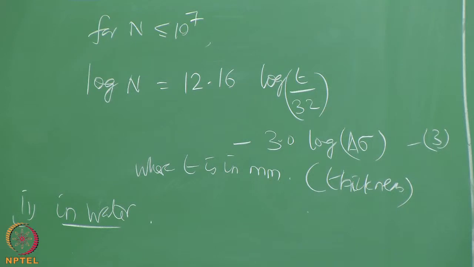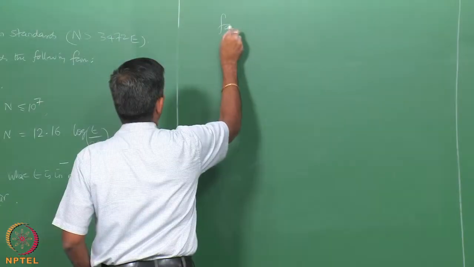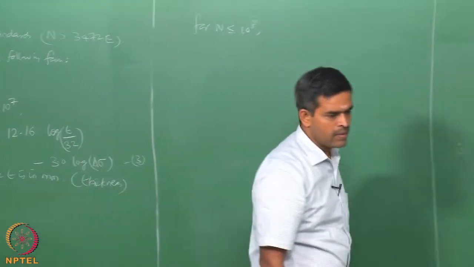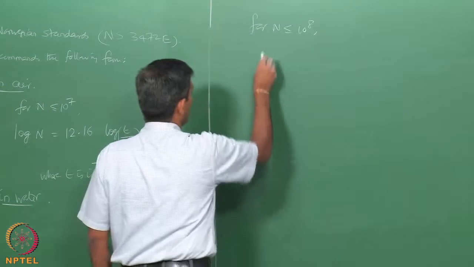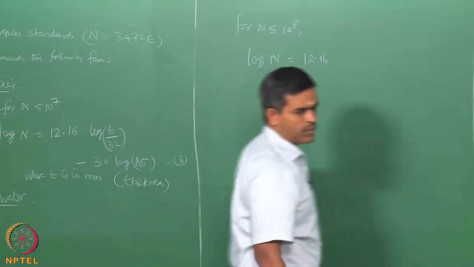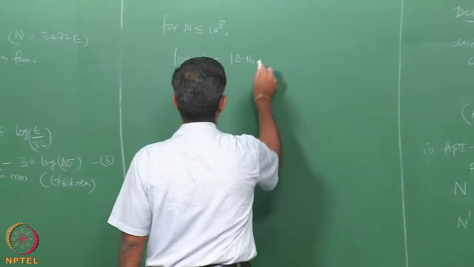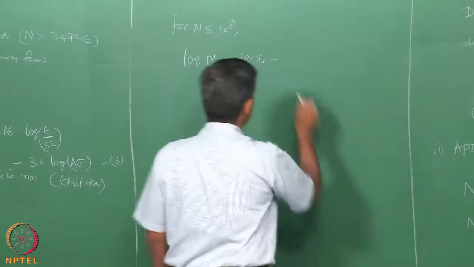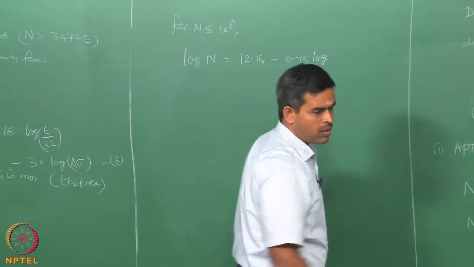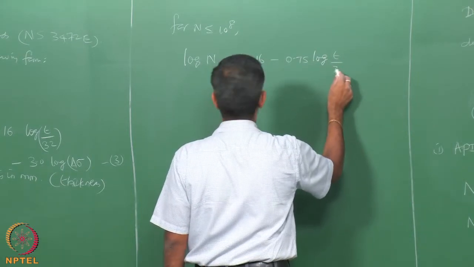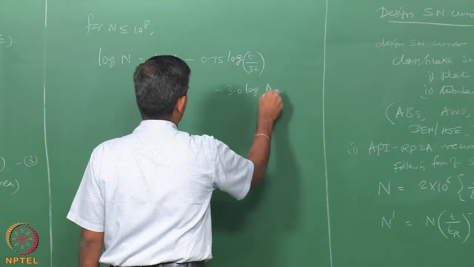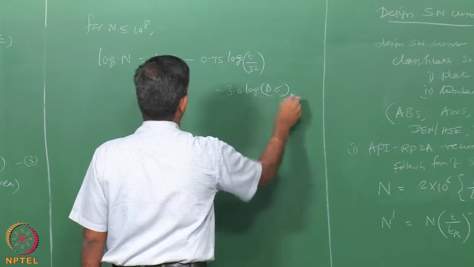In water, for N less than 10 power 8, log N is 12.16 minus 0.75 log T by 32 minus 3.0 log delta sigma.